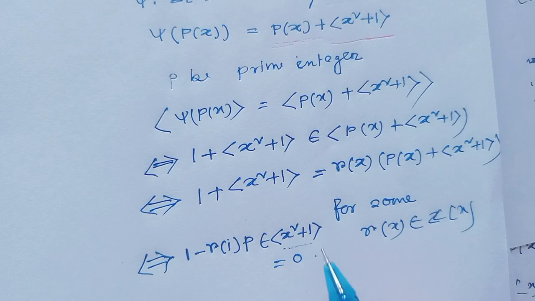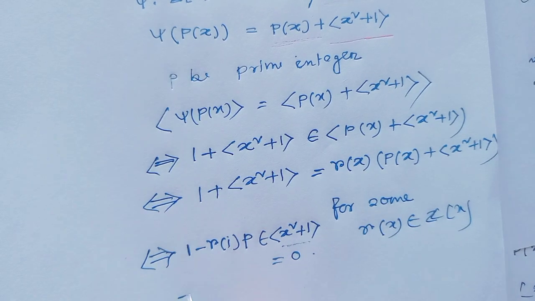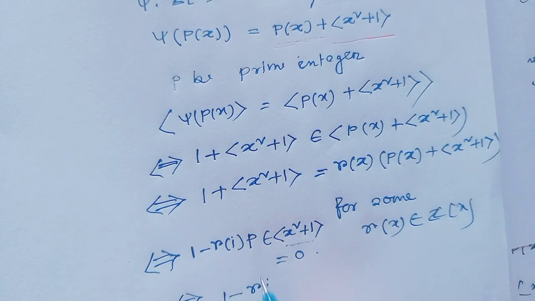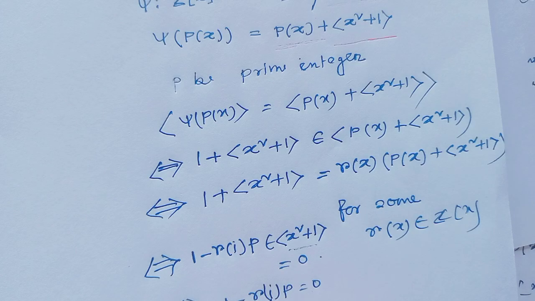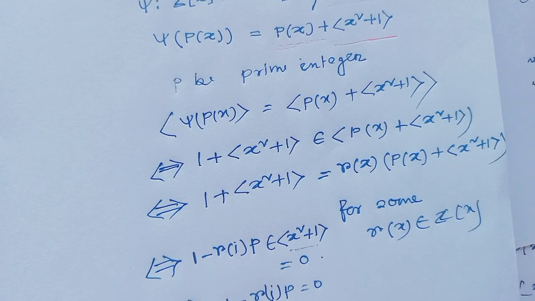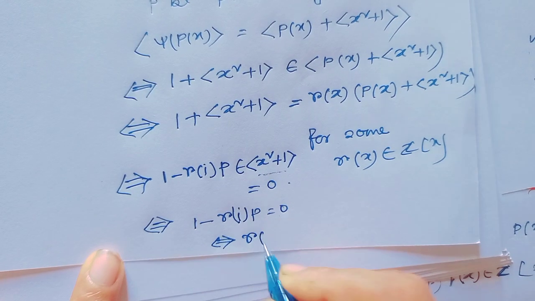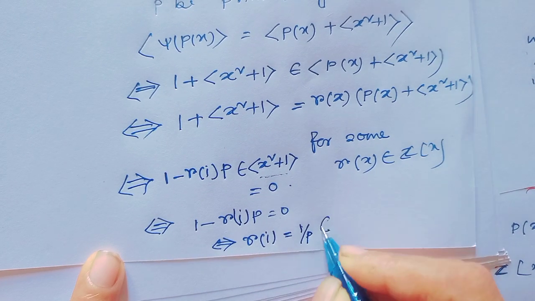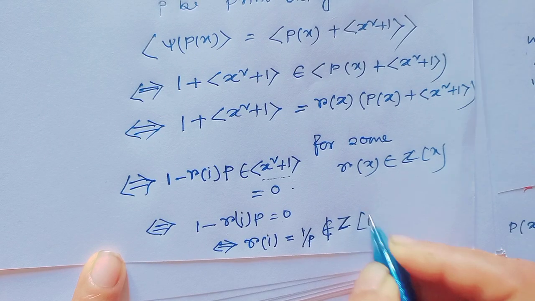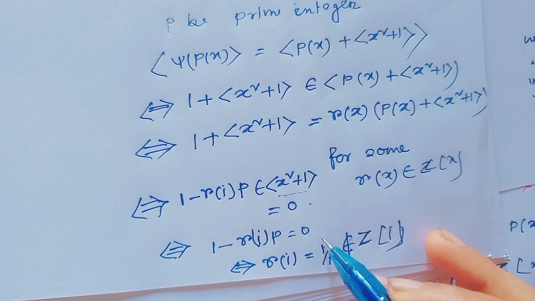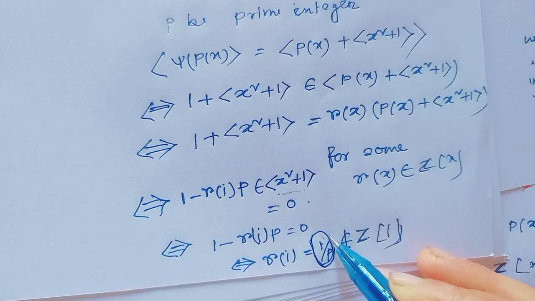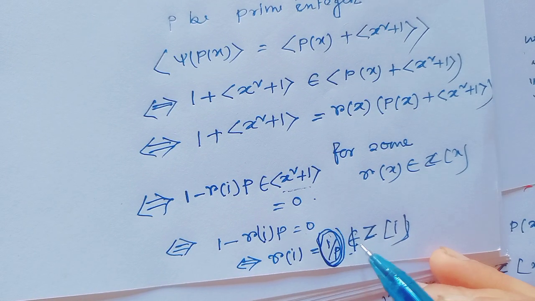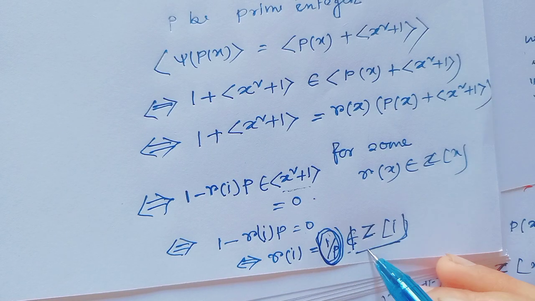Since this is a member of the kernel, that implies 1 minus r(i)p equals 0. That implies r(i) equals 1 over p, which does not belong to Z[i]. A member of the type 1 over p obviously does not belong to Z[i].